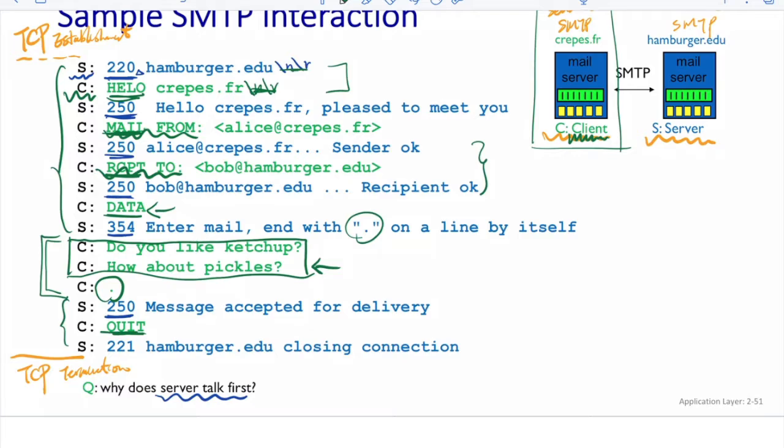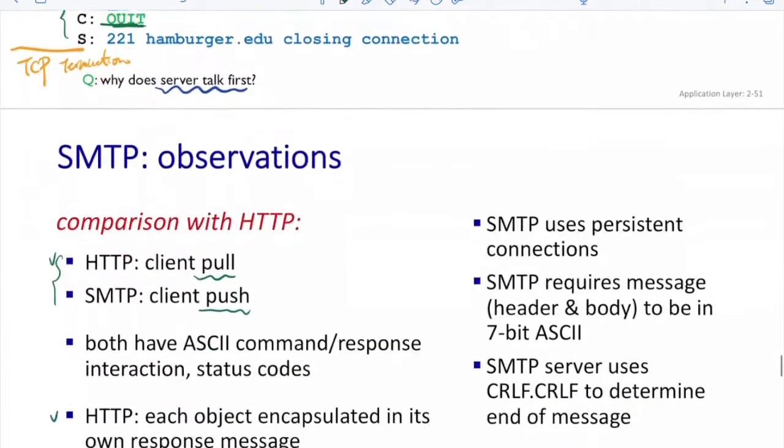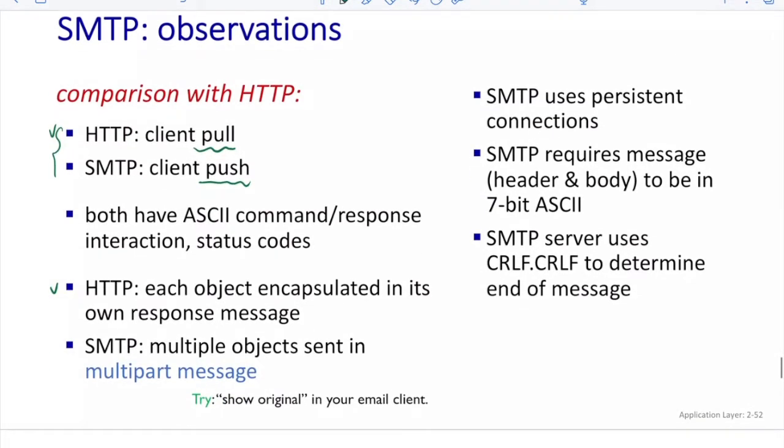We will show you how to include several different images, files, or HTML files in a single message, a single block right here. But for HTTP, each response message has only 1 encapsulated object. We'll talk about this later.